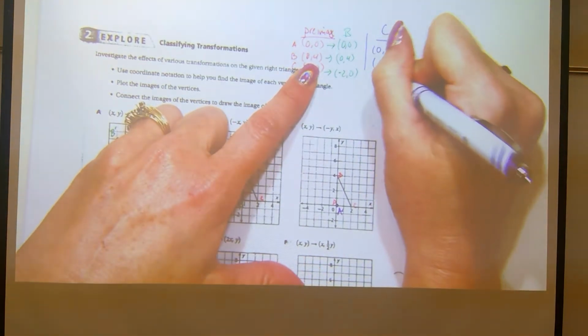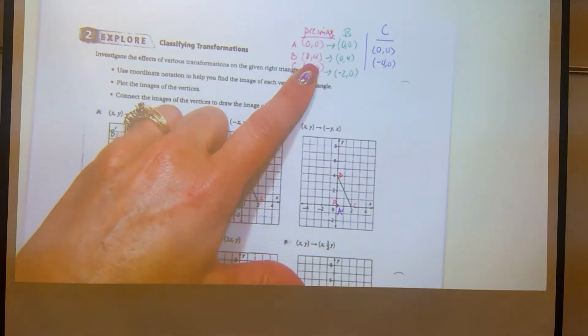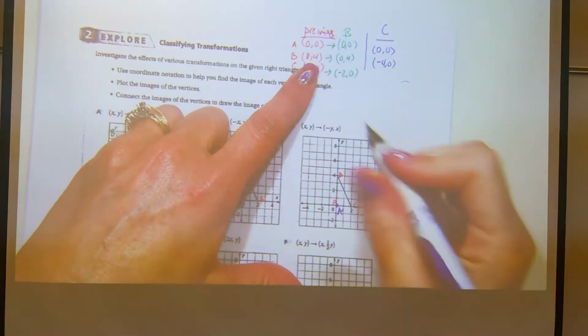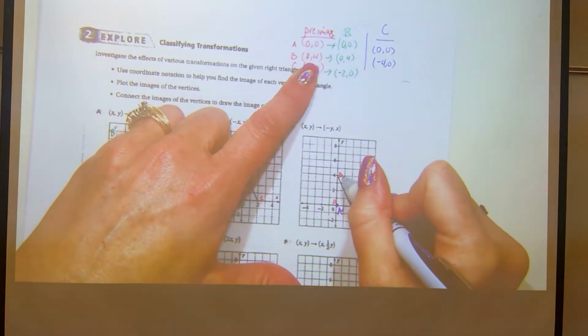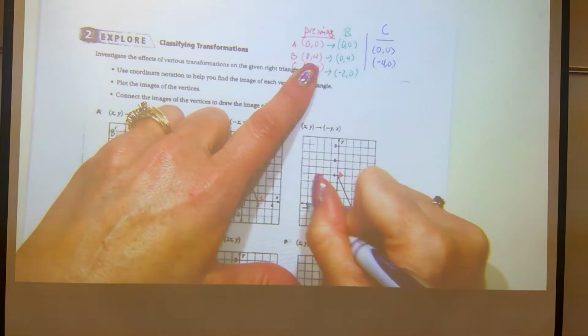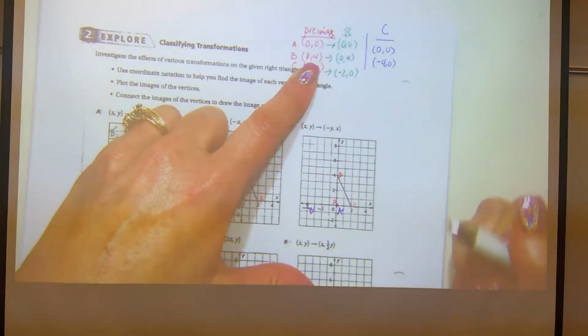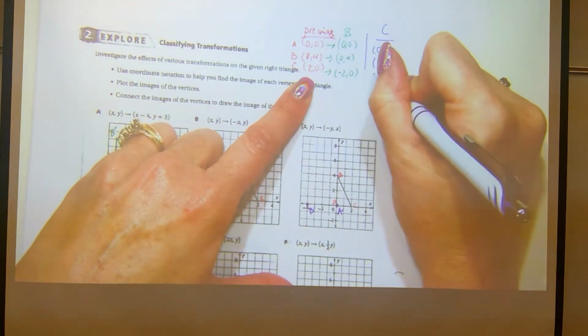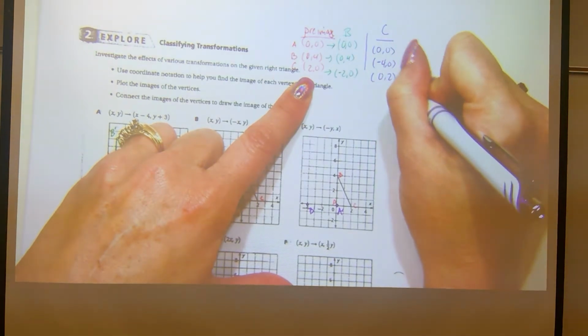B, however, becomes (negative 4, 0), according to the rule of the transformation. So B prime falls at (negative 4, 0), there's B prime. And C falls at (0, 2).